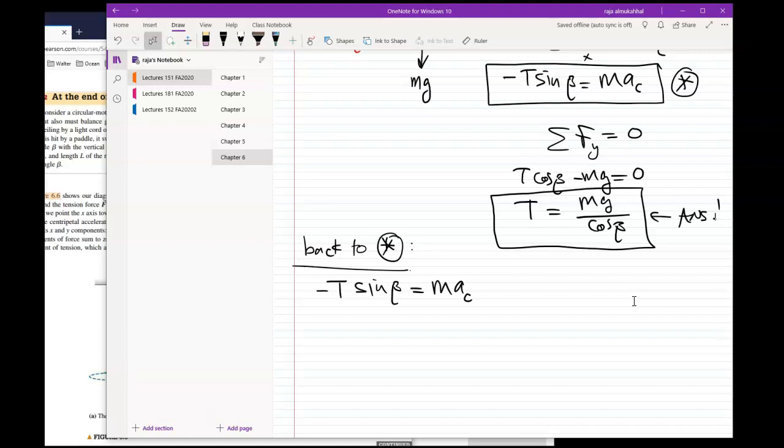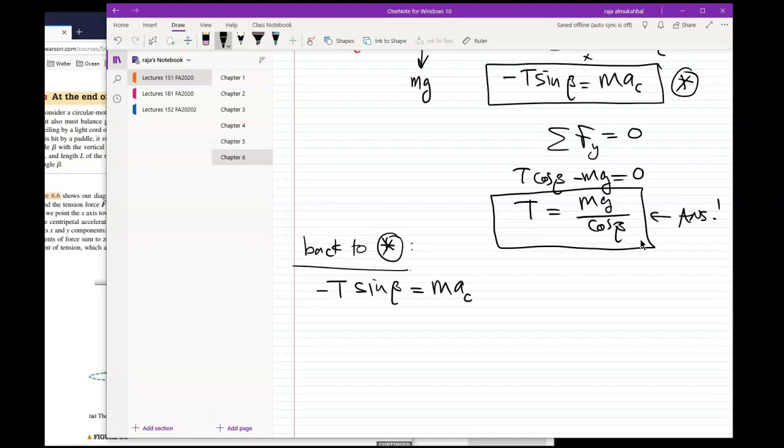Let me just go one more, just a little bit further. Let's say I want to eliminate the angle, the sine and cosine. Let me just keep going further with it. So what I have in here is T sine theta.